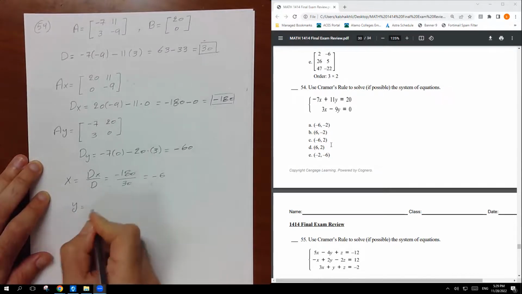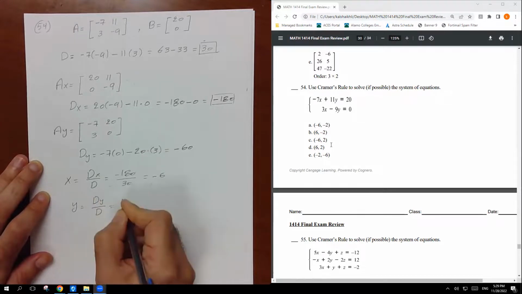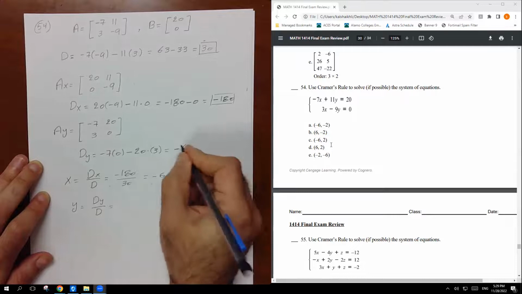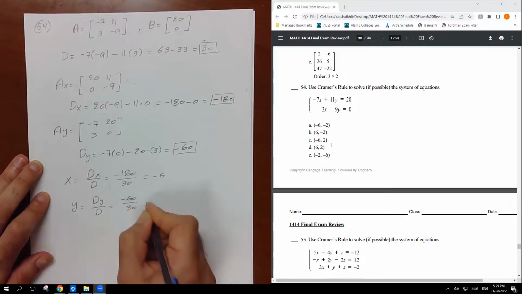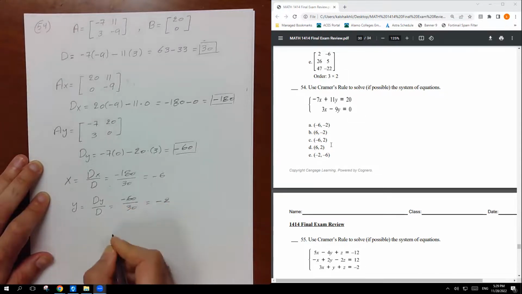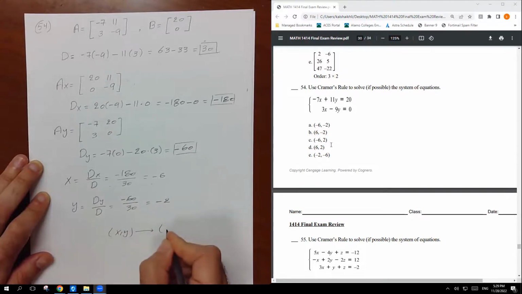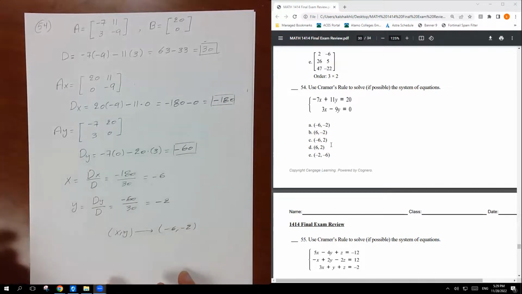And Y is going to be D sub Y divided by D, which is equal, D sub Y is negative 60 divided by 30, and this one equal negative 2. So the solution X, Y, X is negative 6 and Y is negative 2. So that's it for this example. Negative 6 and negative 2. That means we're going to choose A.